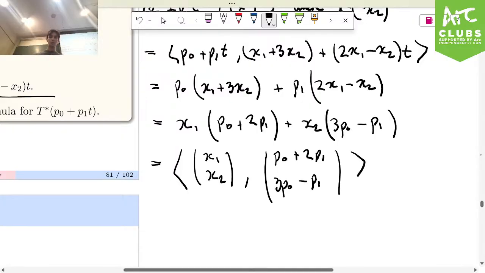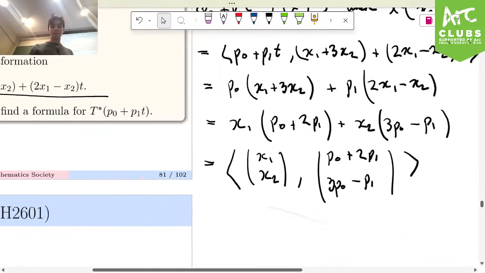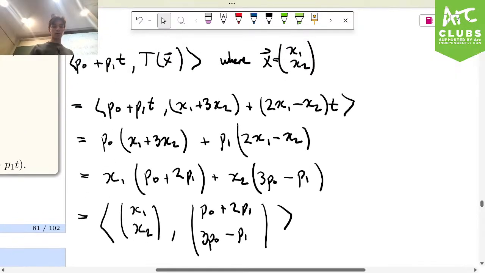We're just rewriting this in a form using the real dot product.